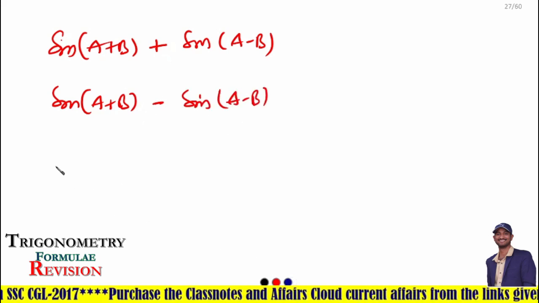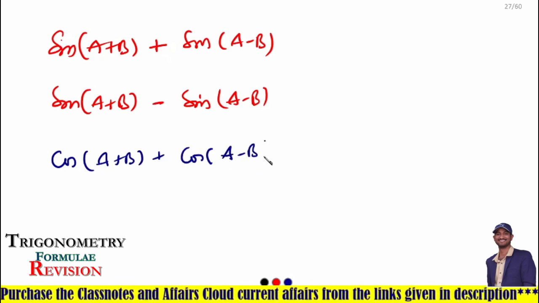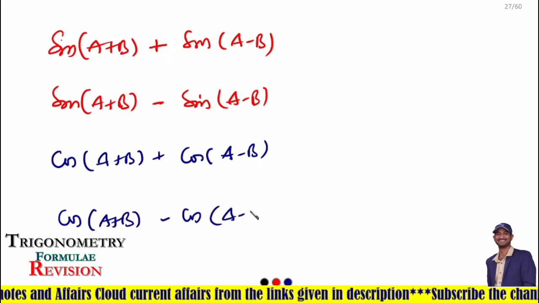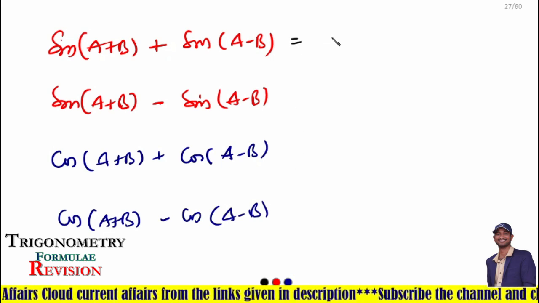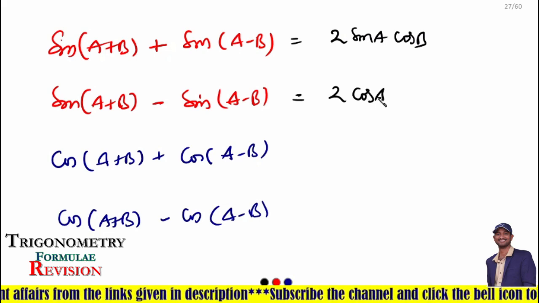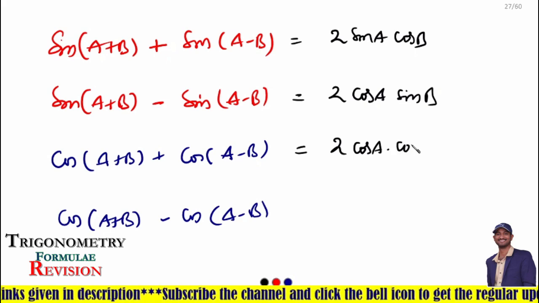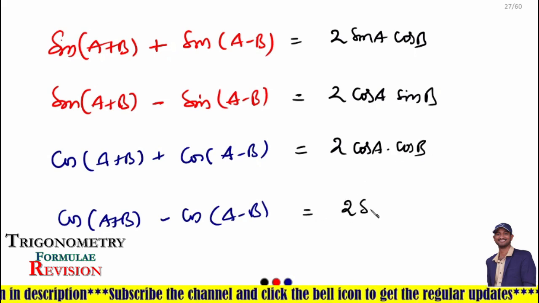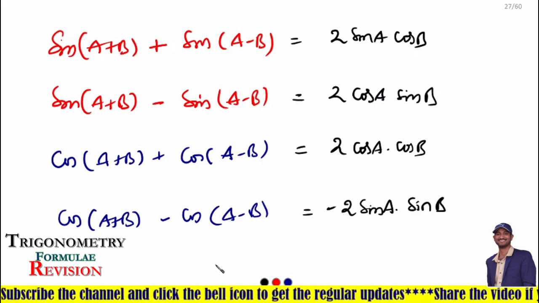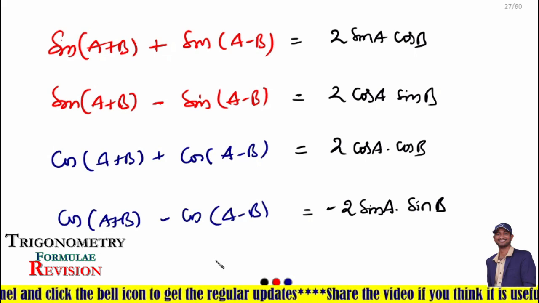And similarly for cos of A plus B plus cos of A minus B, and cos of A plus B minus cos of A minus B. So what is this? 2 sin A cos B. It is 2 cos A sin B. And it is 2 cos A cos B. And it is 2 sin A sin B with a negative sign. Okay. So these are the formulas you have to remember in sum and difference of the trigonometric ratios.